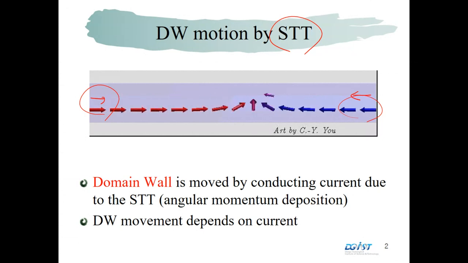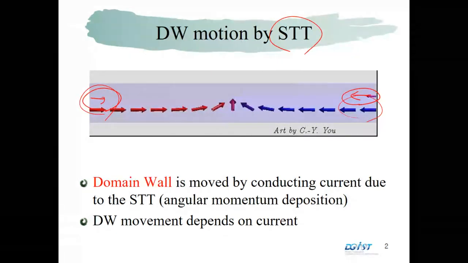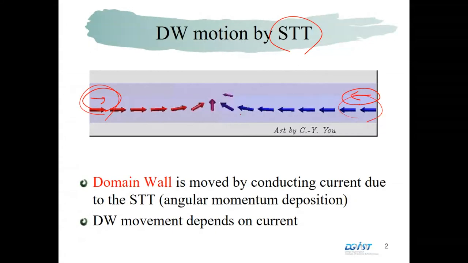So the angular momentum of this spin is changed from this one to the other one. That angular momentum is absorbed in the domain wall. As a result, the domain wall is moving. That's what we call current-induced domain wall motion.